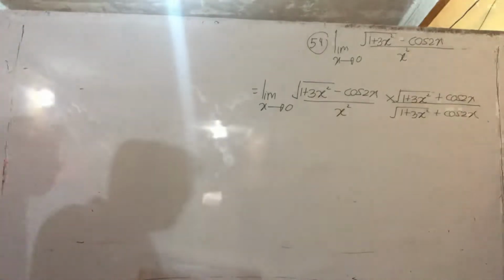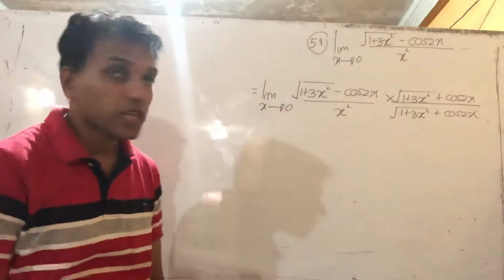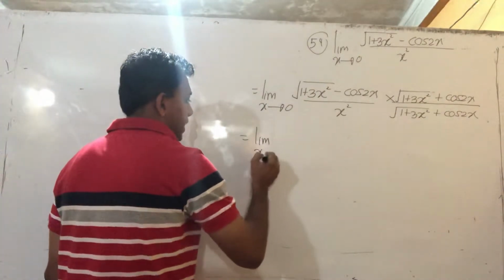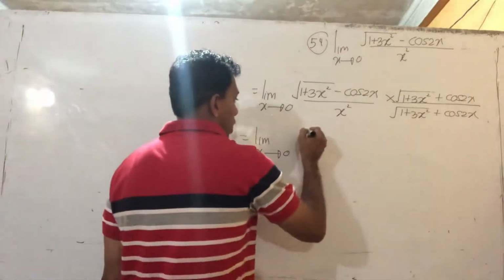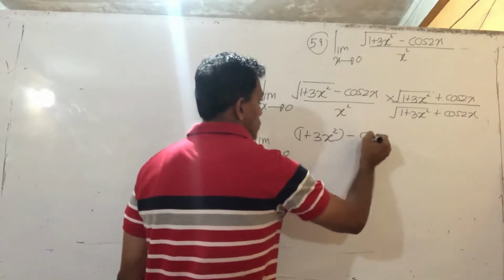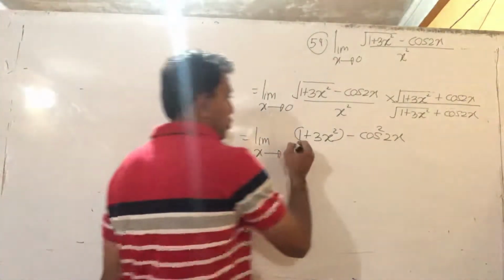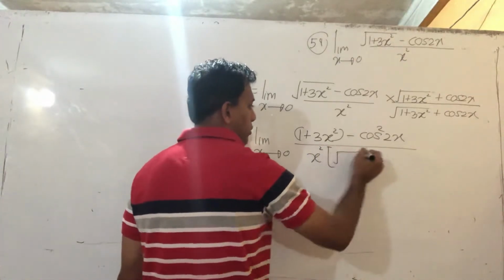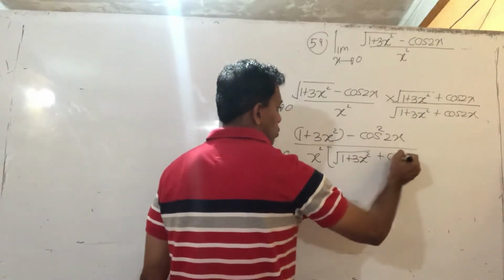So your first step is to multiply above and below by the conjugate of the numerator. Then we use this conjugate method in factorization form, a minus b, a plus b form, that is 1 plus 3x square minus cos square 2x, and below x square and square root of 1 plus 3x square plus cos 2x.